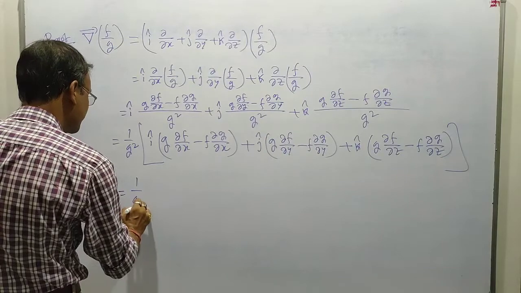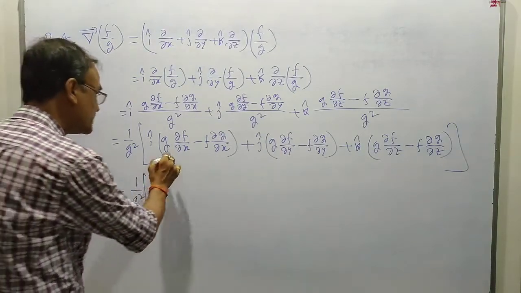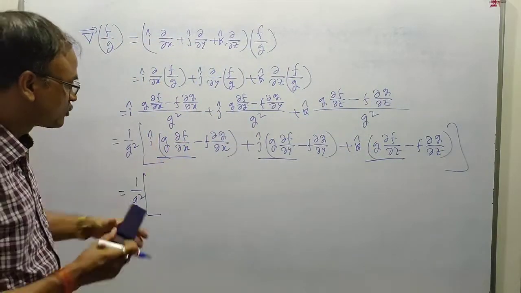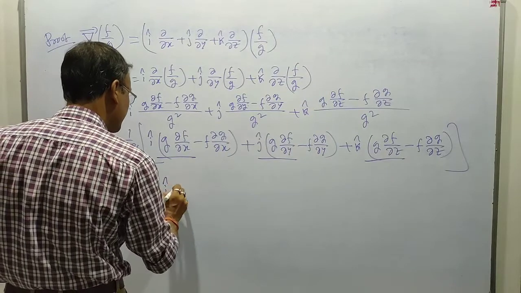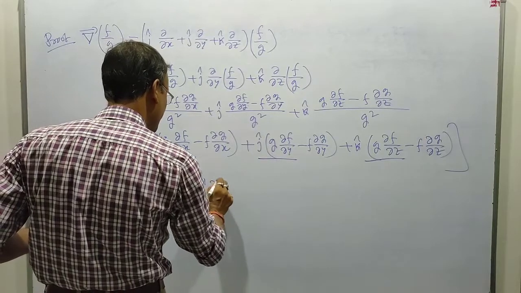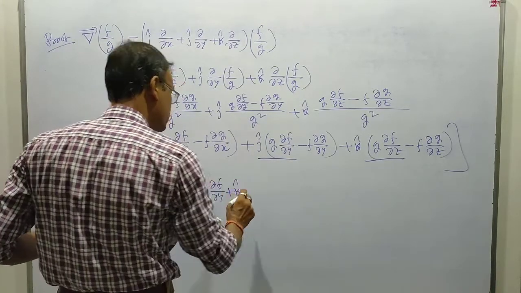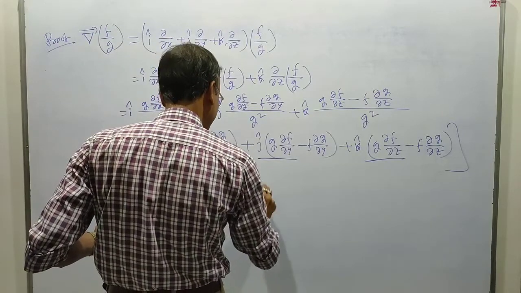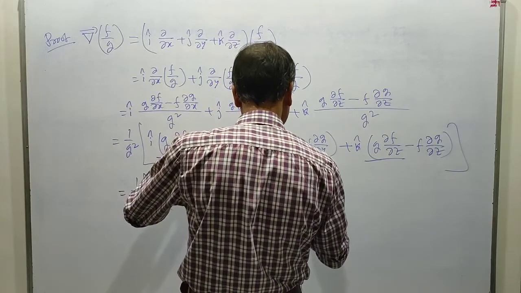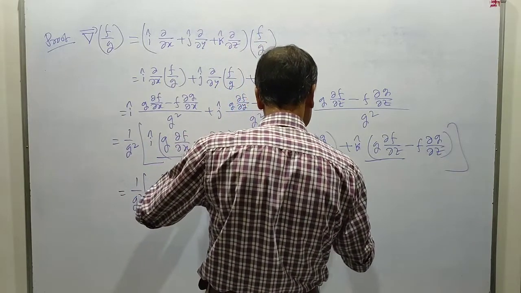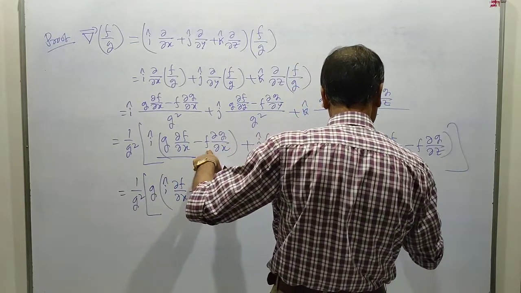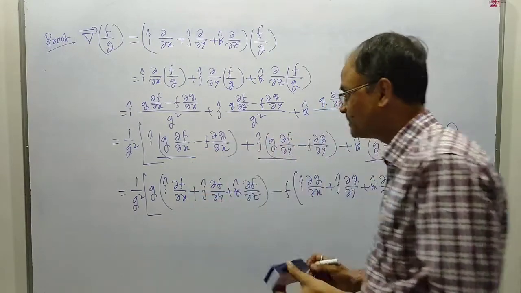This is equal to 1 by g square. Now there are six terms. Take g common: i cap ∂f/∂x plus j cap ∂f/∂y plus k cap ∂f/∂z, minus, now f common, in the bracket you will get i cap ∂g/∂x plus j cap ∂g/∂y plus k cap ∂g/∂z.